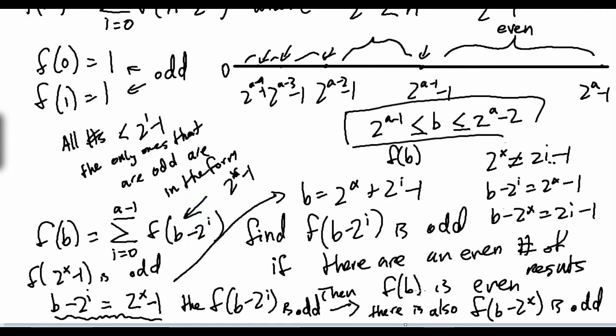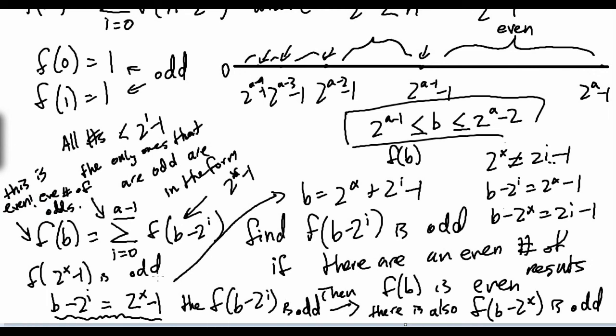Which means that there's an even number of odd elements in this summation. And if there's an even number of odds in this summation, that means this is even.